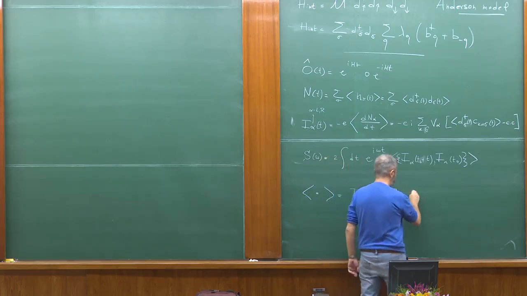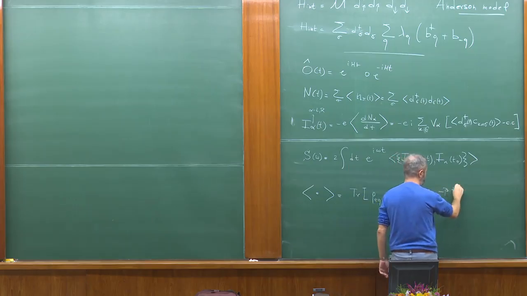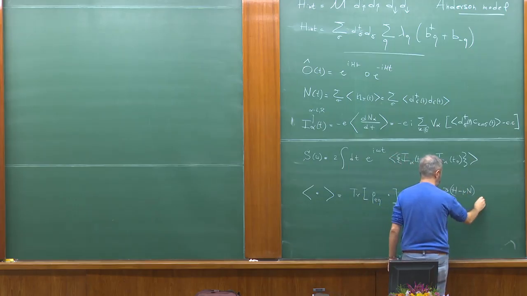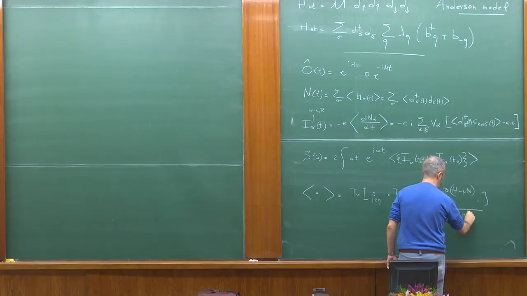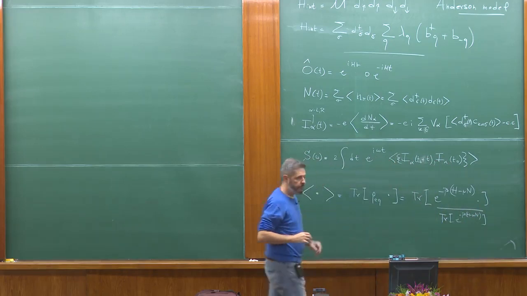And the equilibrium density matrix is e to the minus beta H minus eventually mu N, if you want to put a chemical potential, divided by the trace of e to the minus beta H minus mu N. Okay? So everything works.